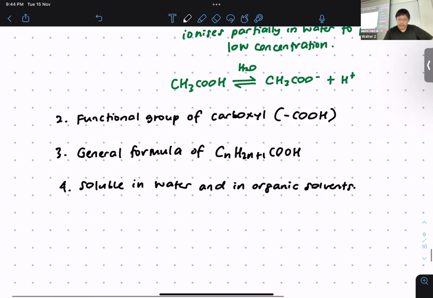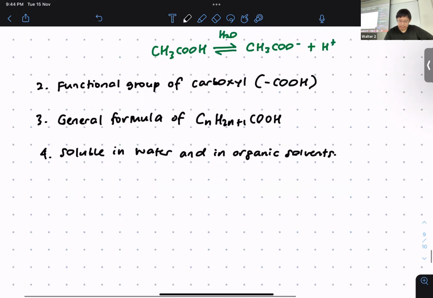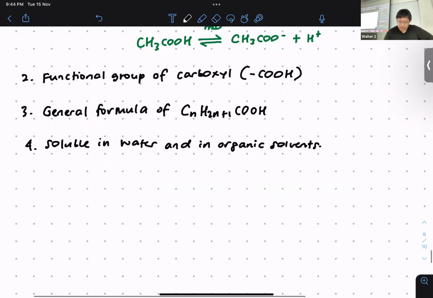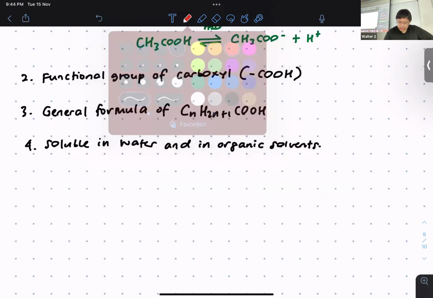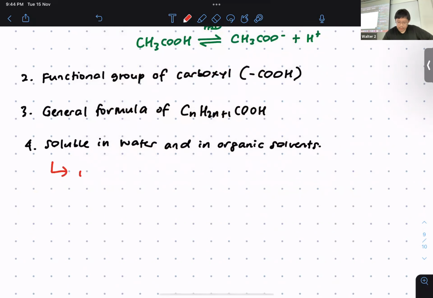Okay, so just a side note so you can remember. In water, ions are produced, so they're able to conduct electricity.